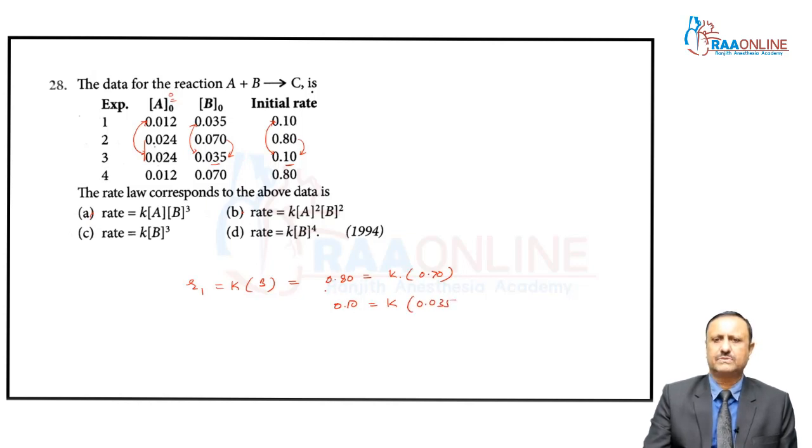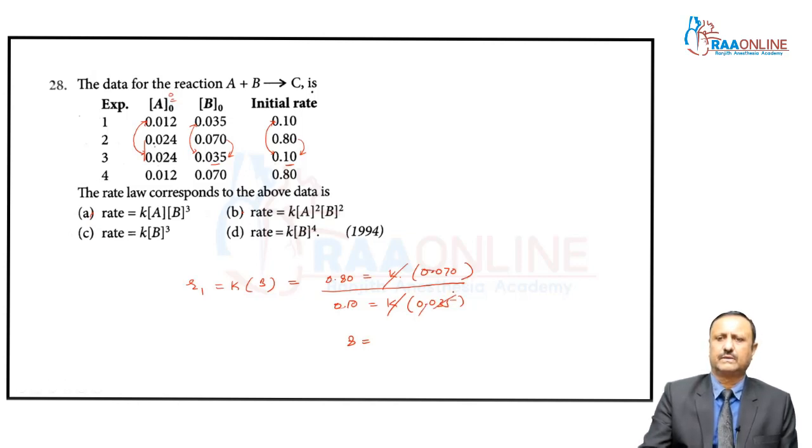0.035. My dear students, you can divide these concentrations with this rate, K and K is cancelled. When K and K is cancelled, 0.80 upon 0.1, means this is 8, equal to 0.070 upon 0.035. Here these points are cancelled.